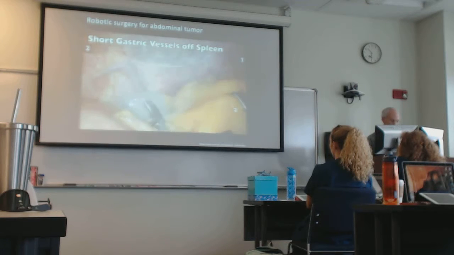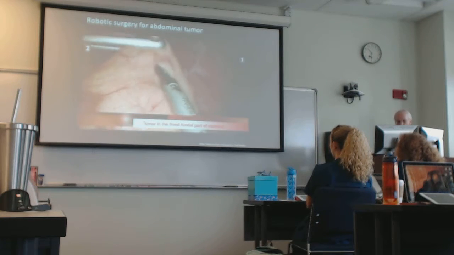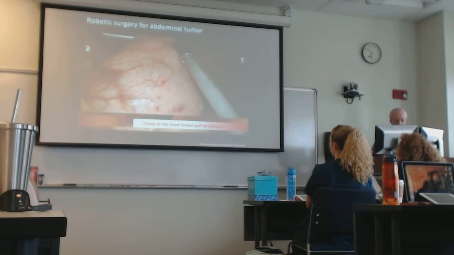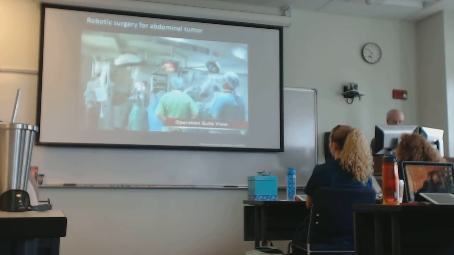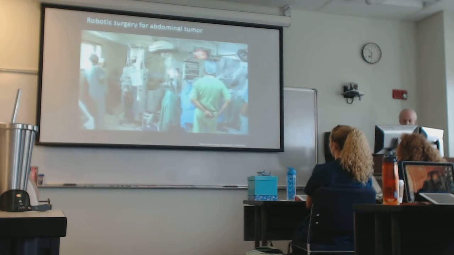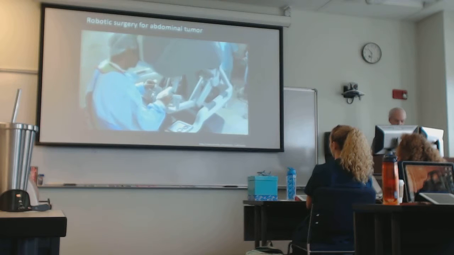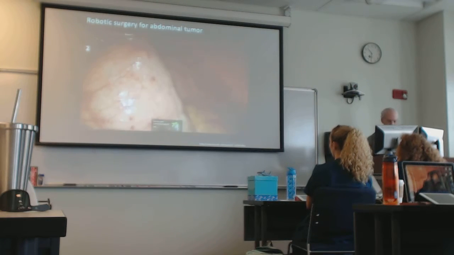Cauterizing some of the vessels that might expose it to bleeding. And then watch the procedure used to isolate and remove the tumor. I guess that's the tumor. Nothing much those people can do. It's all in the hands of this fellow right here. Quite literally.